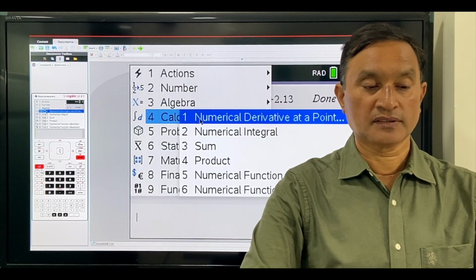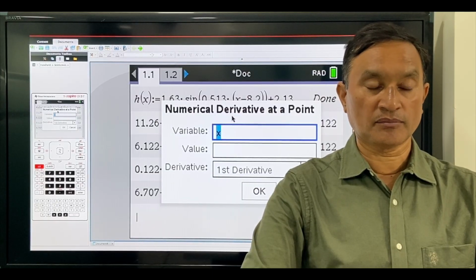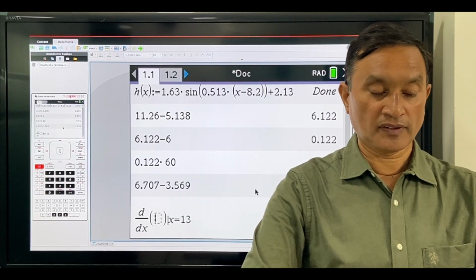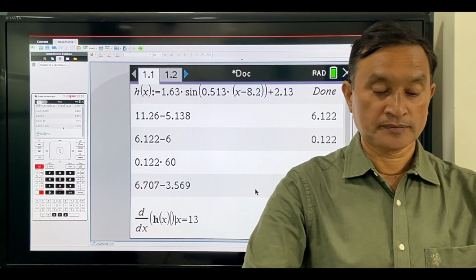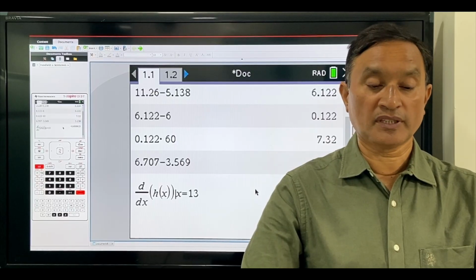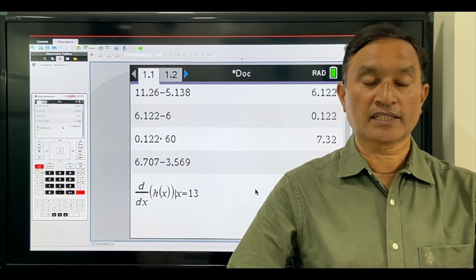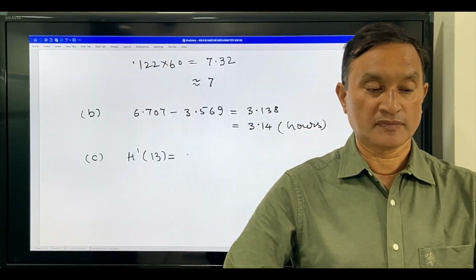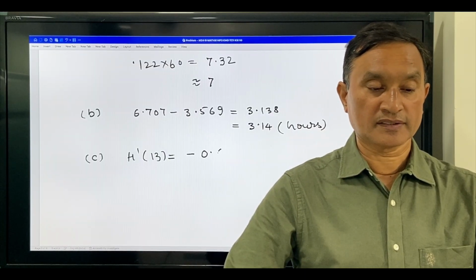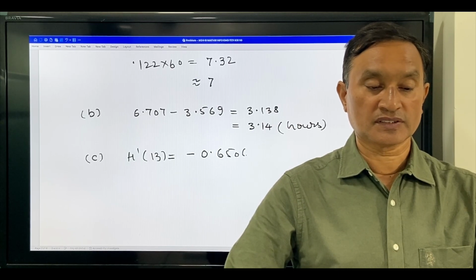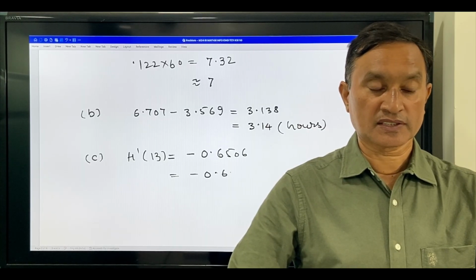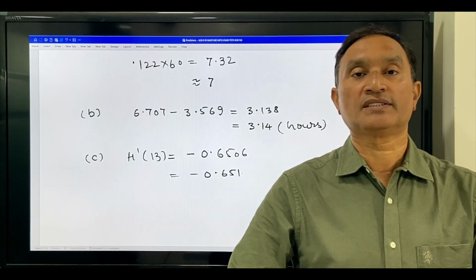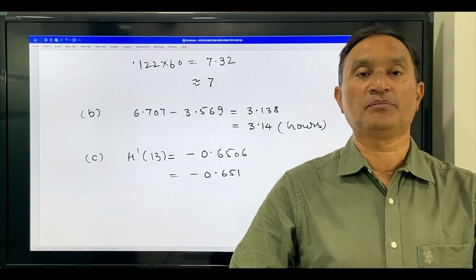Menu, calculus, numerical derivative, variable is x, value is 13, and we have the function h of x here, and the answer would be negative 0.6506. So to 3 significant figures it would be minus 0.651. So this is the answer of C part. Now we will proceed to D part.